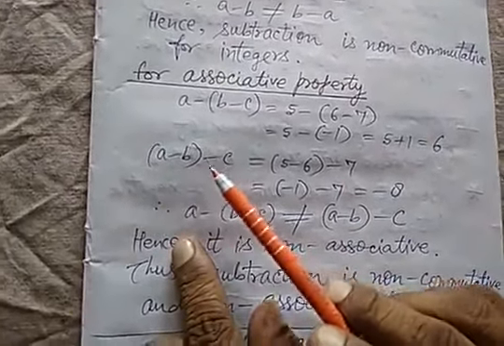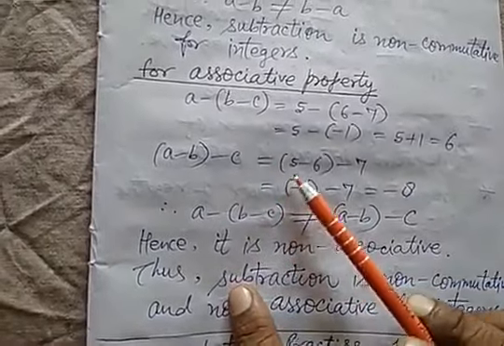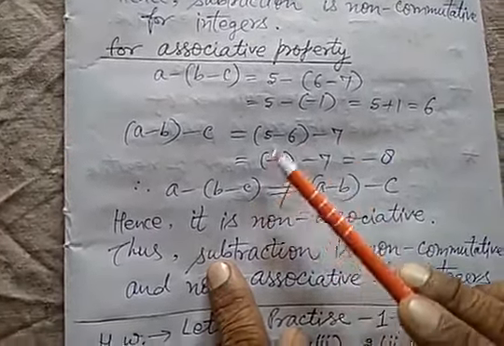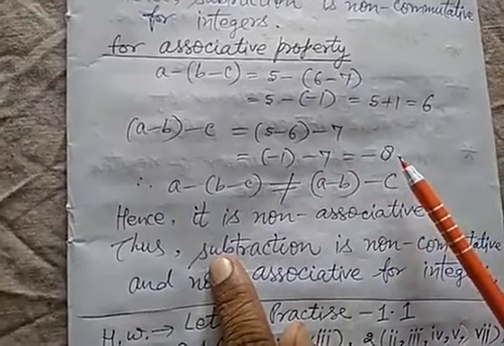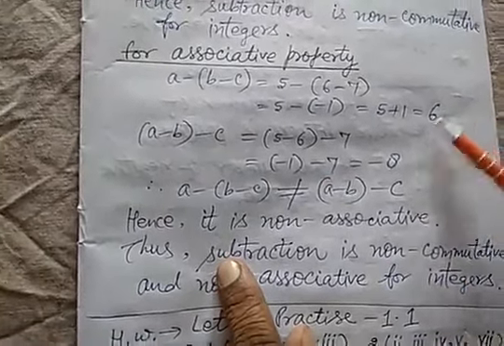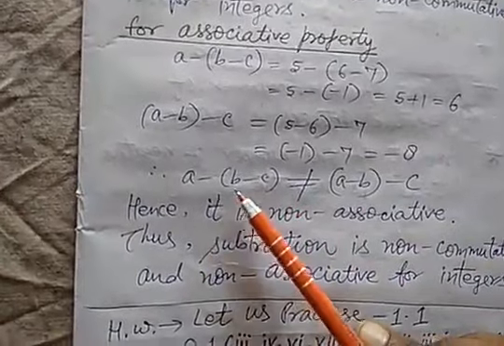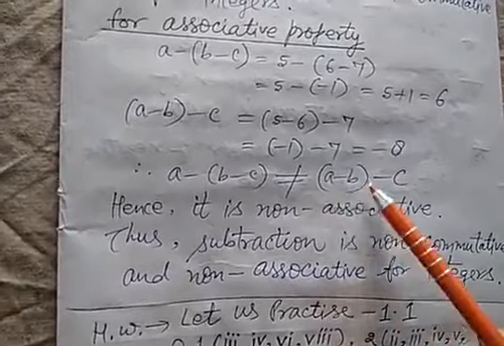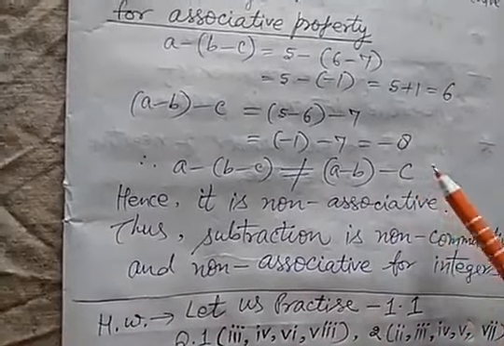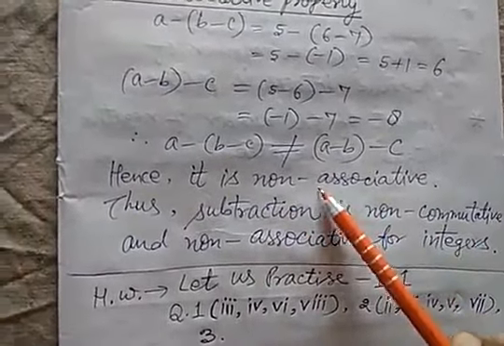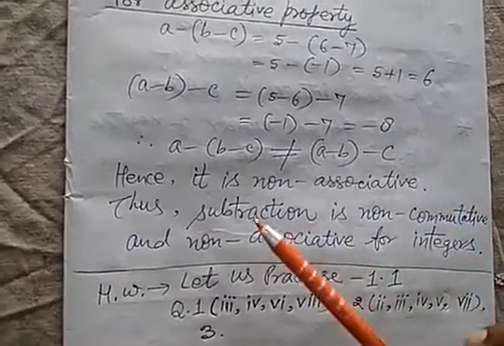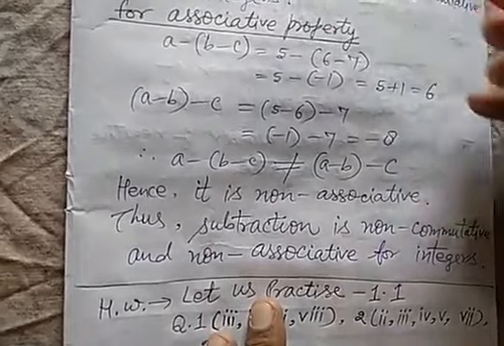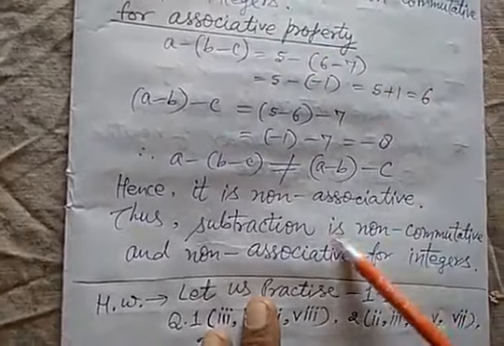And (a minus b) minus c is equal to (5 minus 6) minus 7 is equal to minus 1 minus 7 is equal to minus 8. Here results are not the same. Therefore a minus (b minus c) is not equal to (a minus b) minus c. Hence it is non-associative. Thus subtraction is non-commutative and non-associative for integers.